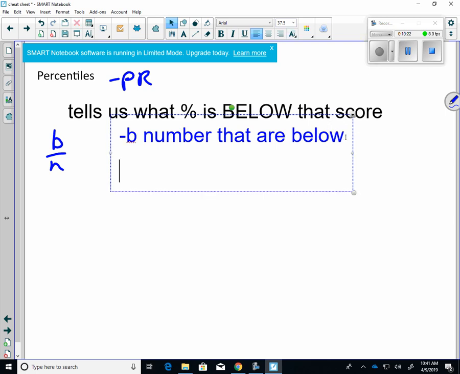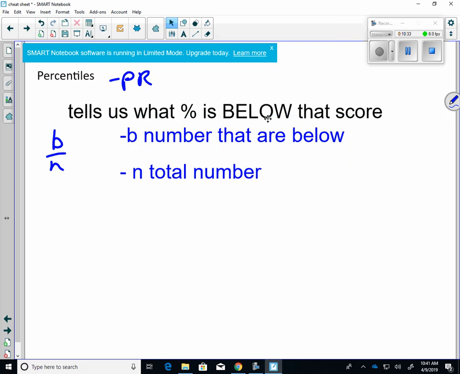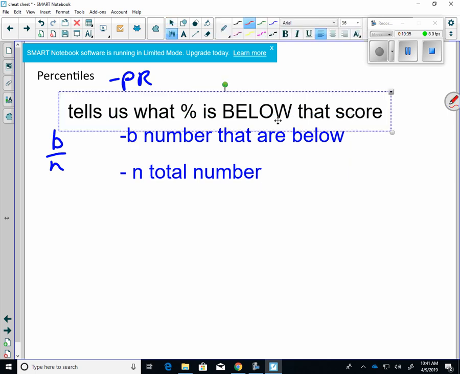And the N stands for total, yes, total number. And then you actually have to multiply by 100, right? Is there anything else you know about percentiles? I've left you guys enough space that if you want to put example questions in from the notes, you can.